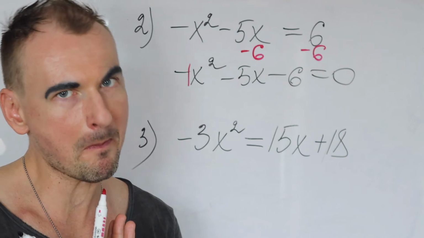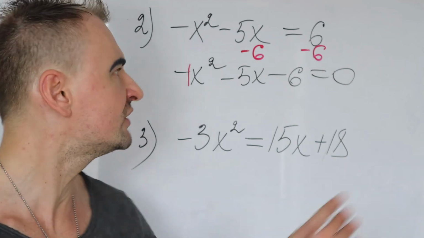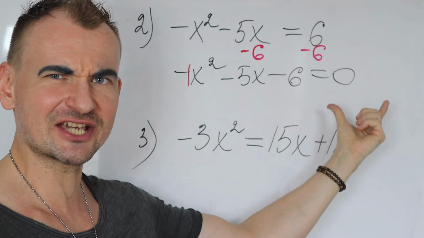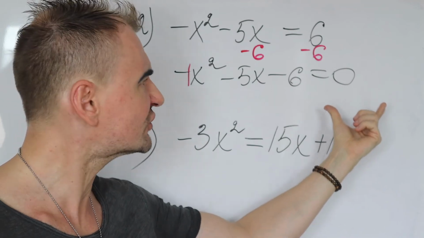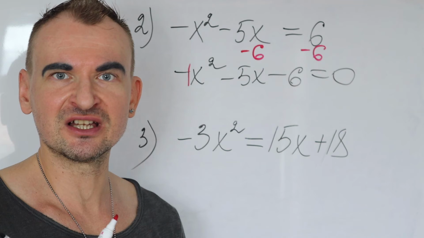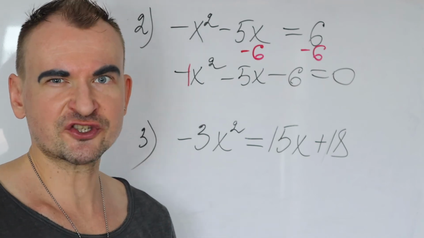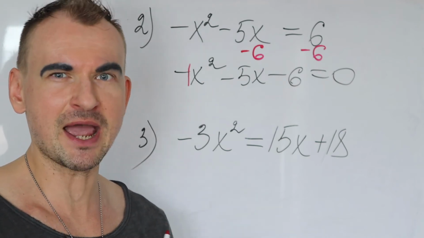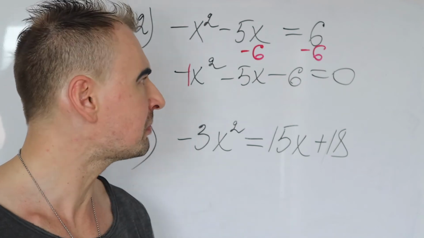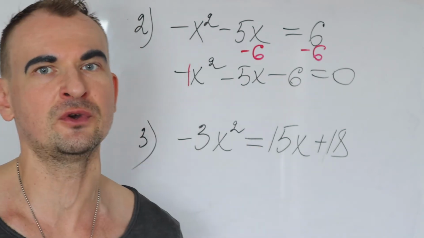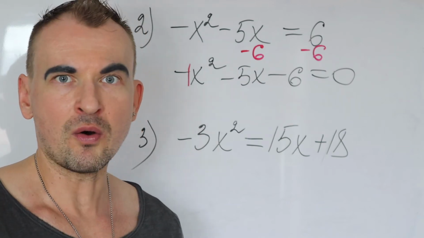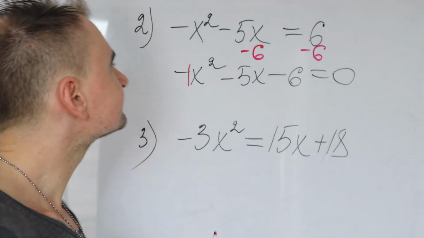To be perfectly frank with you, for the right side it doesn't actually matter, because 0 times anything still remains 0. But just keep in mind that when you multiply or divide, you have to apply this to both sides of your equation because you don't want to change the overall value of your equation.